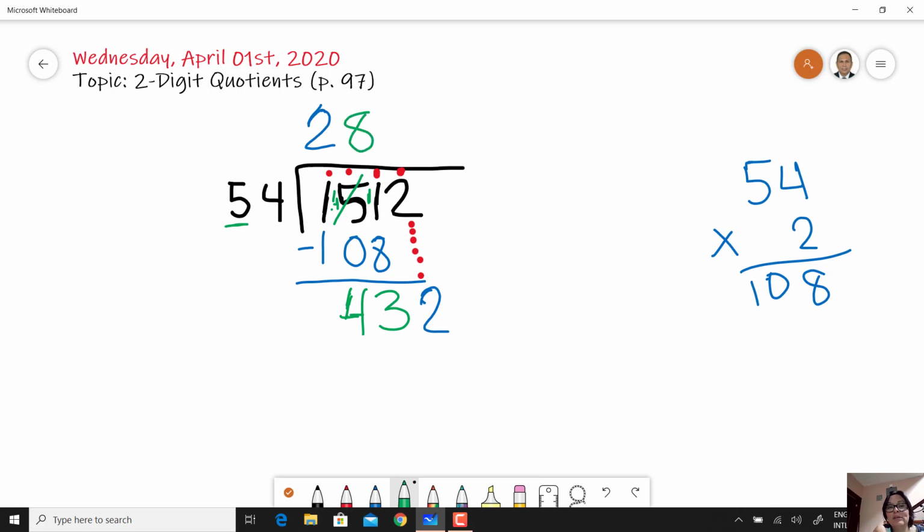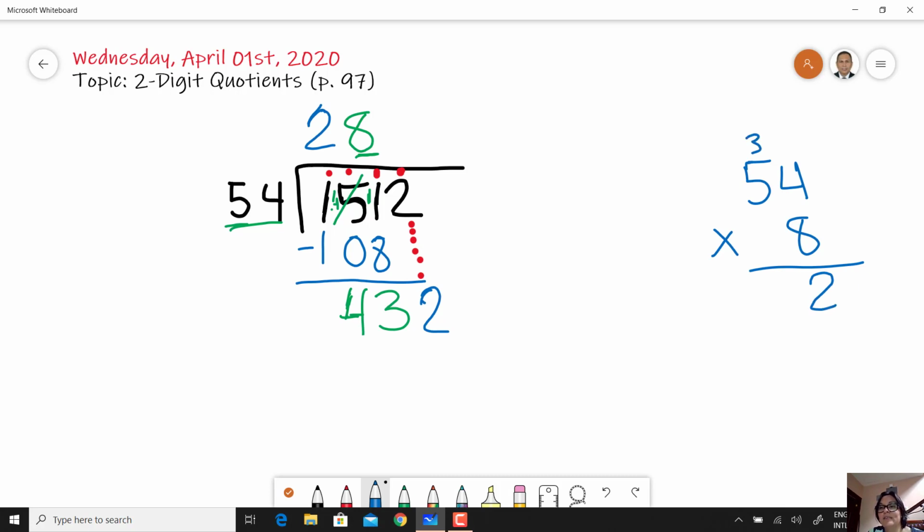And now we have to multiply 8 times 54. Let's do it. So we have to multiply 54 times 8 or 8 times 54, that is the same. 8 times 4, 32. 2 in here and 3 here. Excellent.